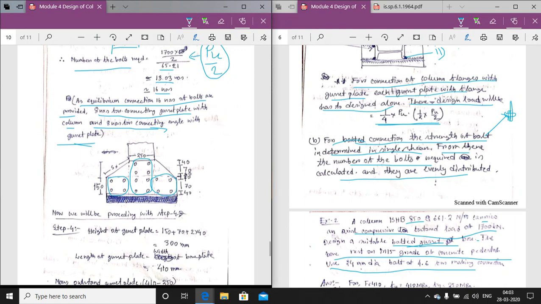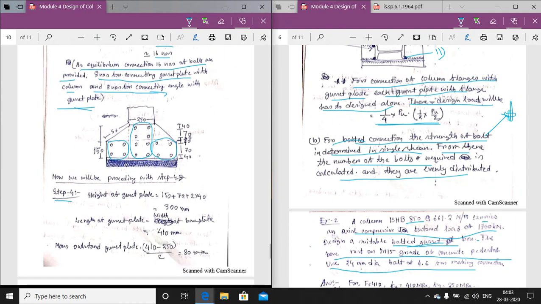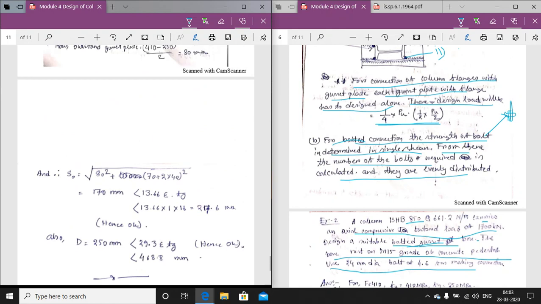Now as we have got the number of rows of bolts, we go to step number 4. Coming to step 4, the height of the gusset plate will be: this is one pitch, this is the edge distance, this is another pitch, this is the edge distance. It has been shown here.